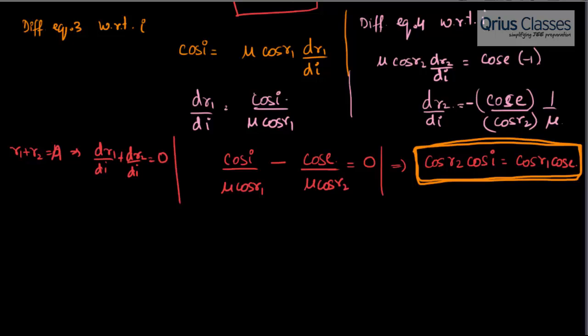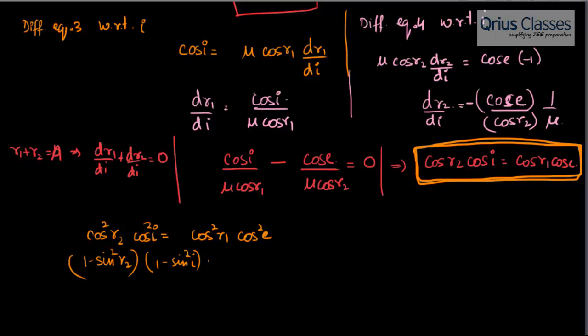After squaring, we get cos square R2 cos square I is equal to cos square R1 cos square E. So let's write 1 minus sine square r2 into 1 minus sine square I is equal to 1 minus sine square r1 into 1 minus sine square e. So everything that we know we have.